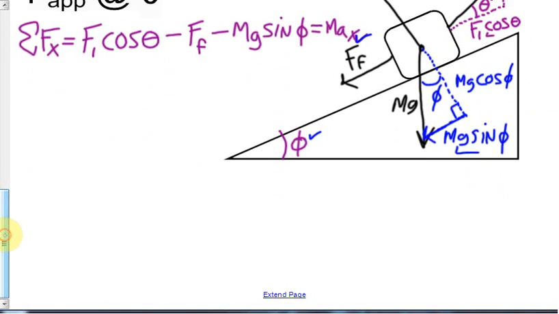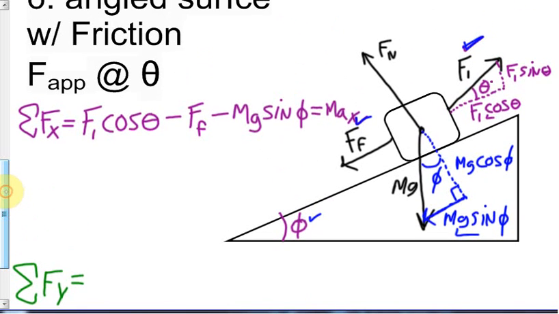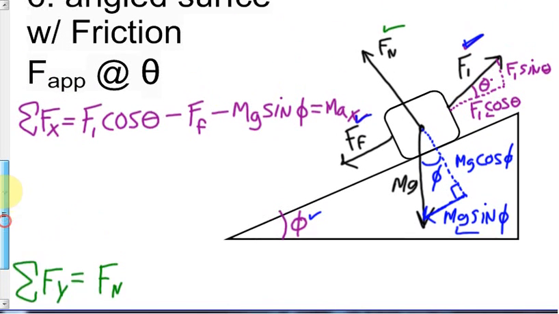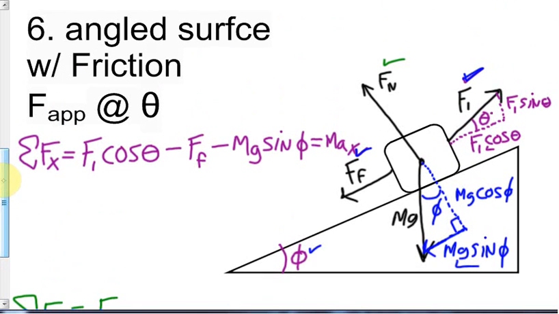All right. Next up, in green, we will do the sum of the forces in the y direction. We have Fn obviously going up. Also going up is this part of the force 1.